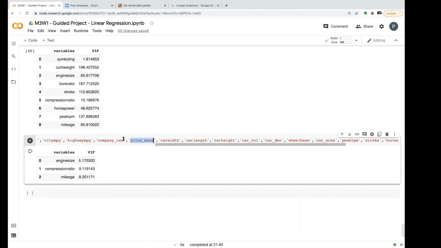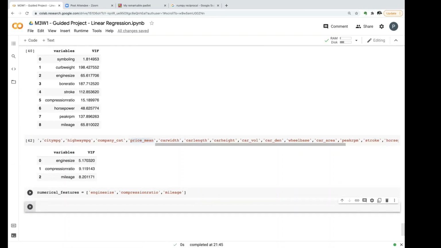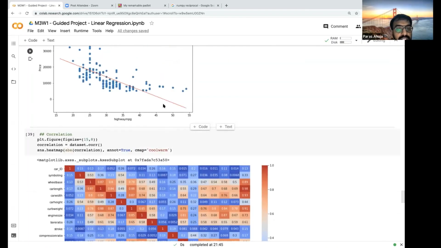Paras, I have a question. Finally, you have these three features left, right? From the initial set of graphs, we can still conclude that compression ratio does not have a good relationship with price. So we can even eliminate that as well, can't we? No. Compression ratio has no direct correlation.